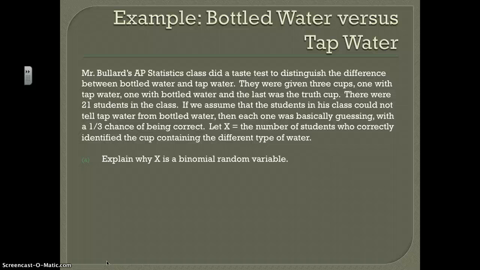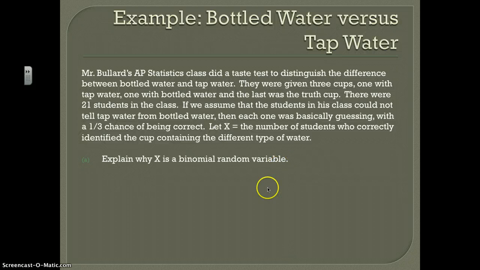So let's first talk about why we know it's definitely a binomial random variable. We have to go through BINS. Binary: you could definitely identify a successful outcome being the number of students who made a correct identification. Failure would be the number of students making an incorrect identification.